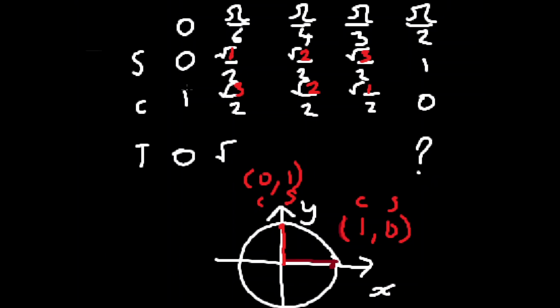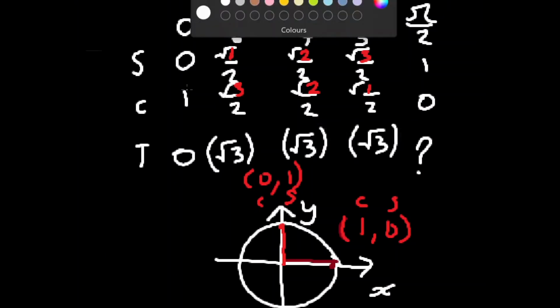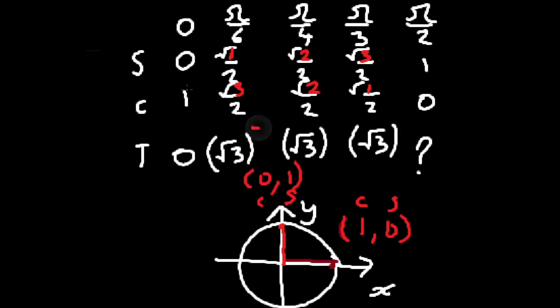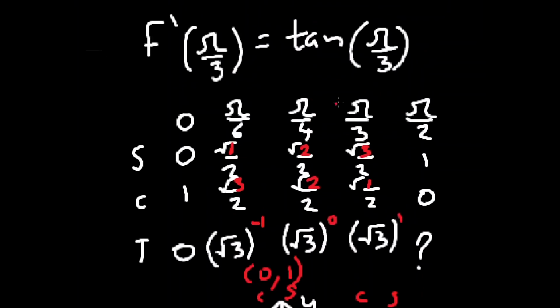Now, the shortcut here is you say everything is root 3. And then you change the values here. So for me, it'll go minus 1, 0, 1. In this case, what we're after is pi on 3, which is this guy here, and we're after tan.